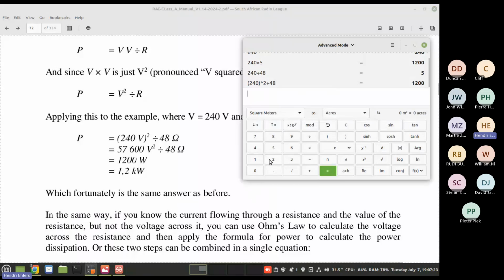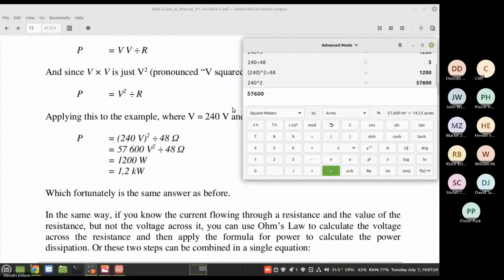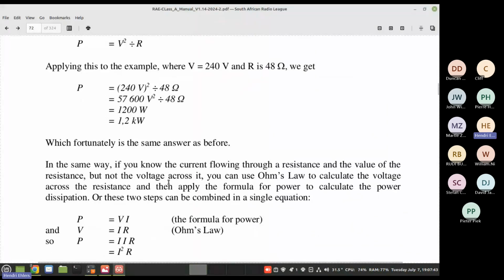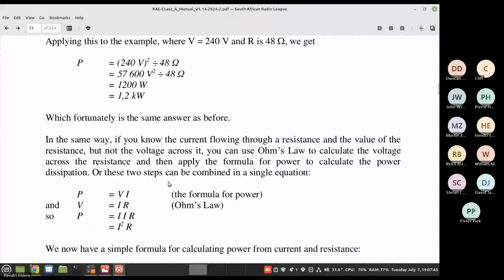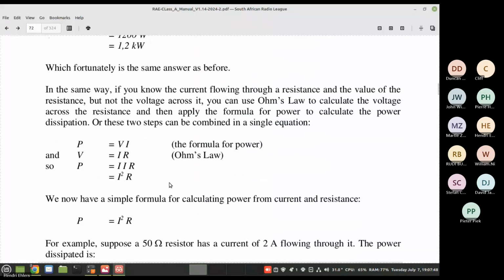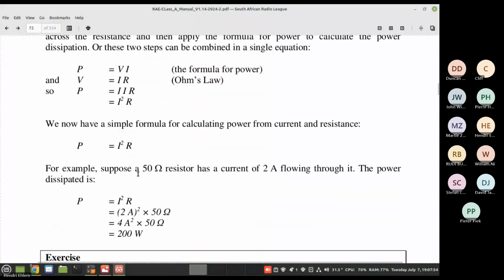You can say 240 squared, and that agrees, divided by 48 equals 1200, which is 1.2 kilowatts. There's a couple of other ways of getting to the same answer.